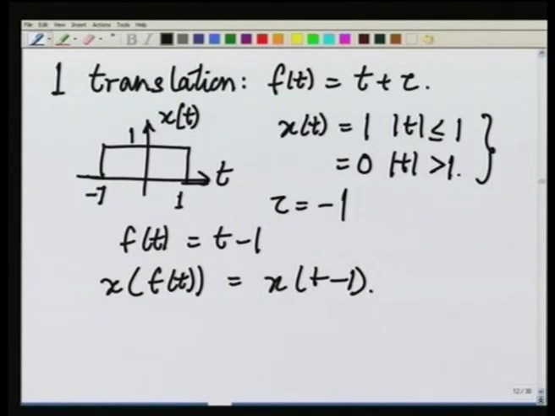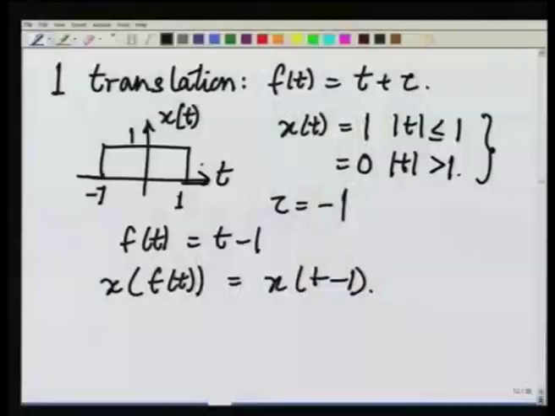At t equal to minus 1, it undergoes a transition from a value 0 to a value 1, and at t equal to 1, it transits from 1 to 0. Now, let us take one of these points, say t equal to 1. x has undergone a transition from 1 to 0 when its argument was equal to 1.